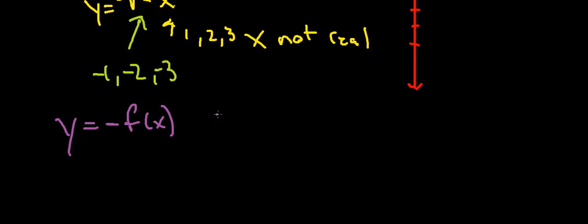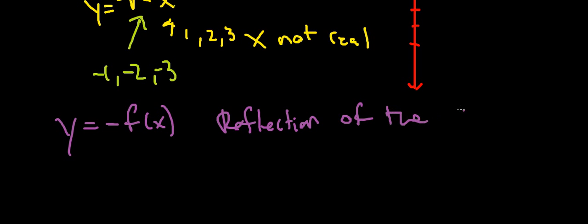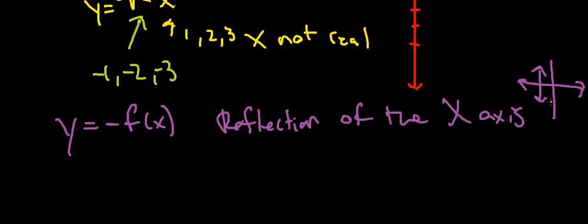This is going to be a reflection of the x-axis. So here's our x-axis. That means, even though we're talking about it being reflected across the x-axis and we think horizontal x-axis, there's actually a vertical reflection.